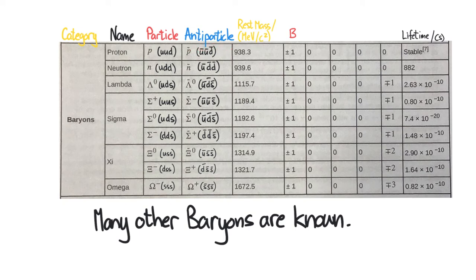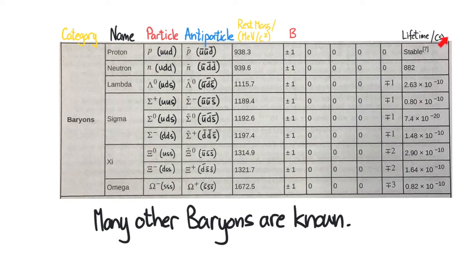Now, the rest mass is when they are stationary and they haven't got a relativistic energy because of a high velocity. This B here is the baryon number, and we'll talk about that in more detail a little later.